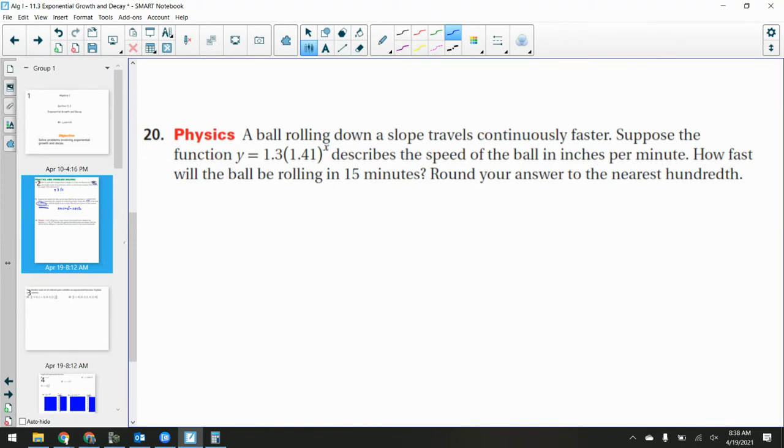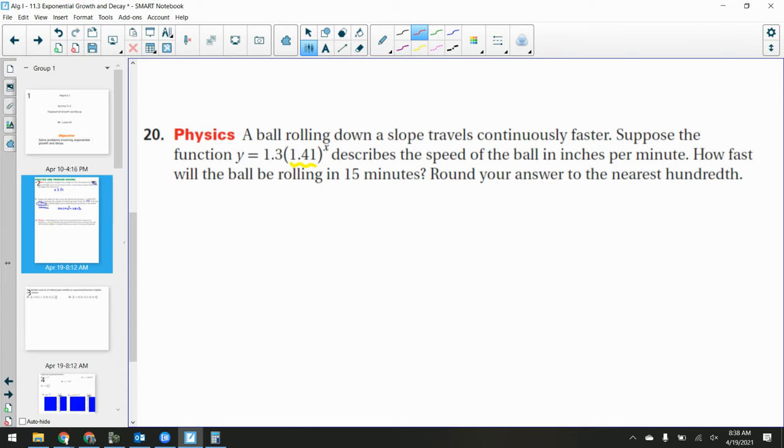A ball rolling down a slope travels continuously faster. Suppose the function 1.3 times 1.41 to the x describes the speed of the ball in inches per minute. Take a look here, folks. Because that's 1.41, it didn't need to tell me that the ball was going to get faster, because 1.41 is going to tell me that my exponential function is going to grow, right?